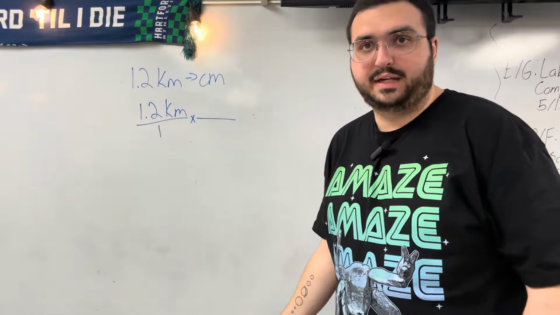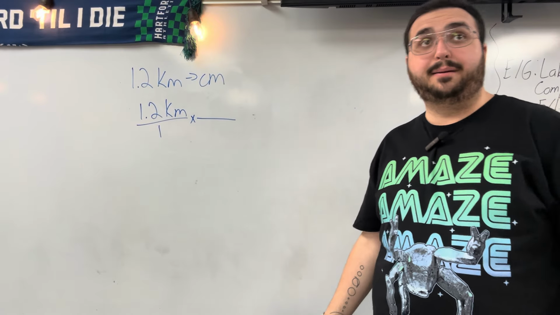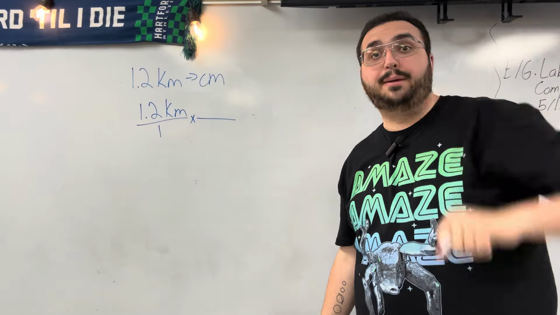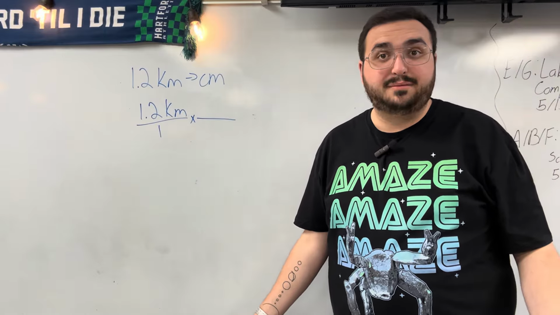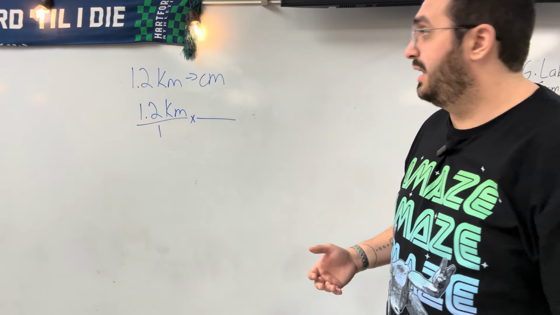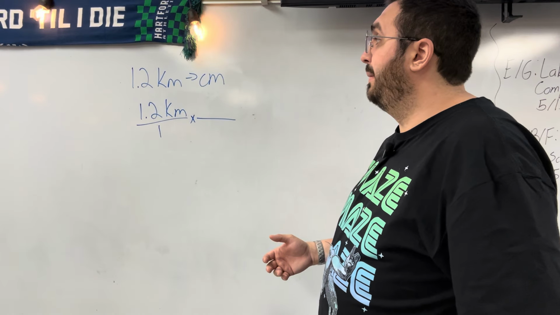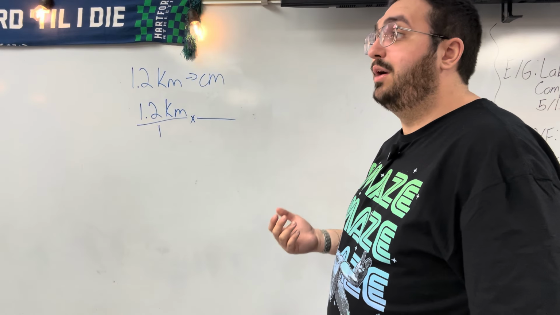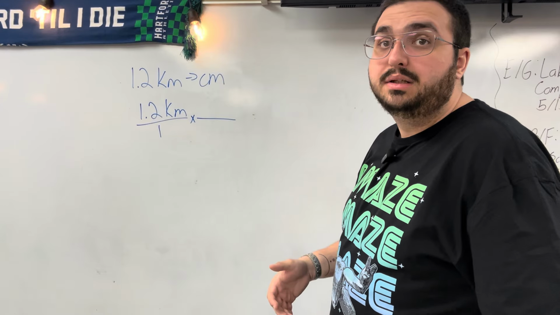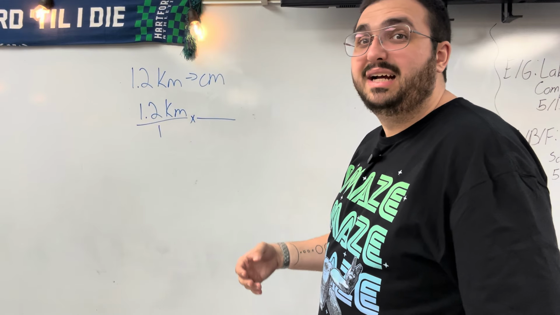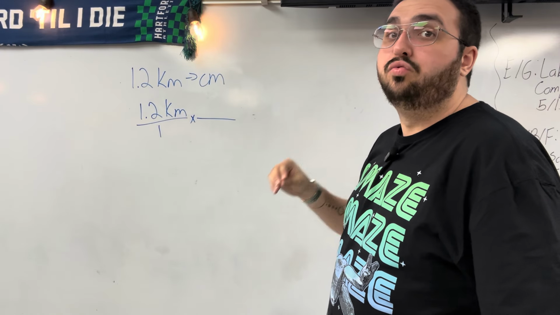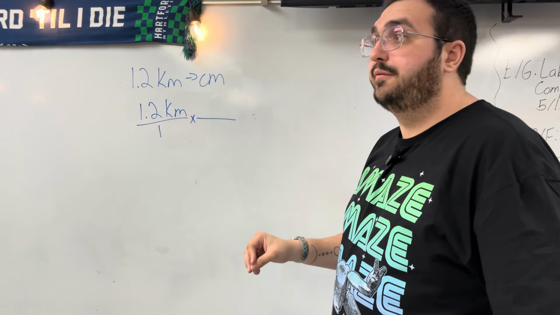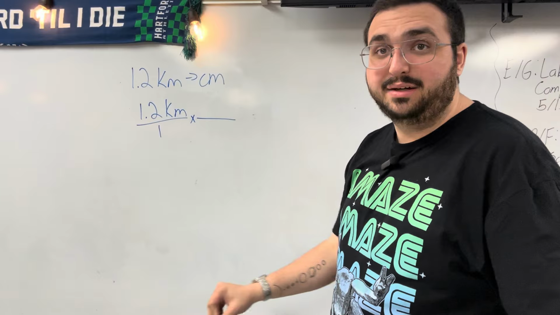I don't know that one off the top of my head. Right? It's not on my SI unit poster in the back of the classroom. So what is a man to do instead? Well, again, I can realize I know how many meters are in a kilometer. I know how many centimeters are in a meter. So if I use meters as my bridge, I can go from kilometers to centimeters. So instead of converting directly to centimeters, we're going to convert to our base unit, meters, instead.